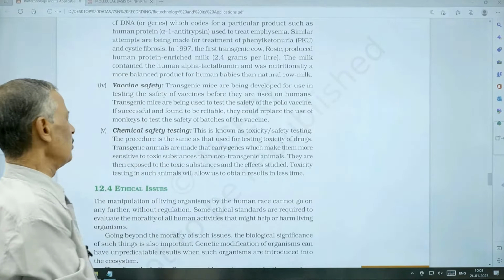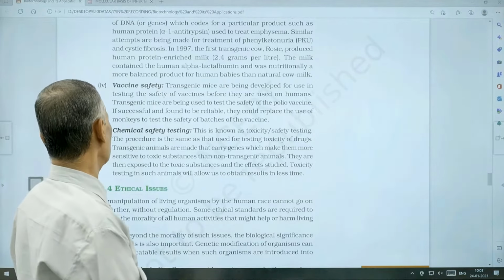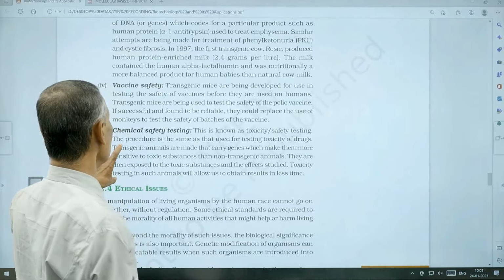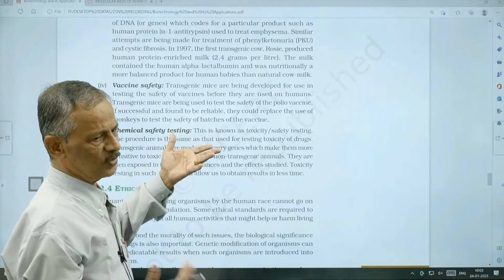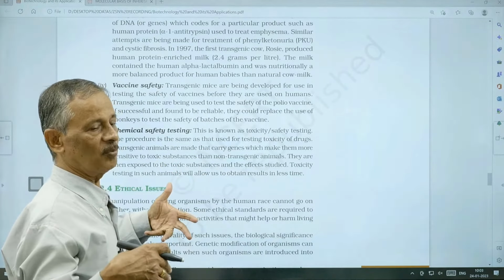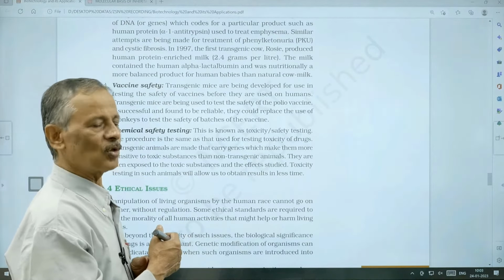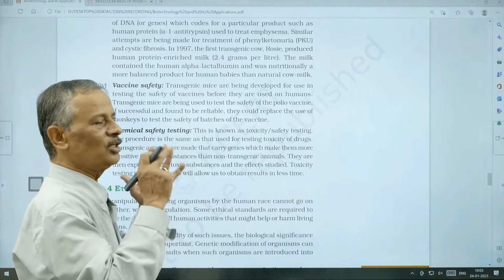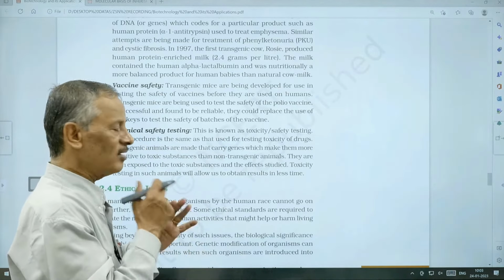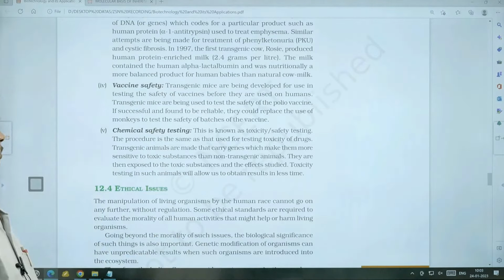Also, chemical safety tests: the toxins, how much is toxic, at what concentration it becomes toxic. All such toxicity and safety testing is done on genetically modified organisms, because we cannot try them on a natural population, a natural organism, because it will have some resistance. So we won't get the correct data. So we have to first make them sensitive to the toxic chemical and then try on them. Then only will the studies be very, very effective.